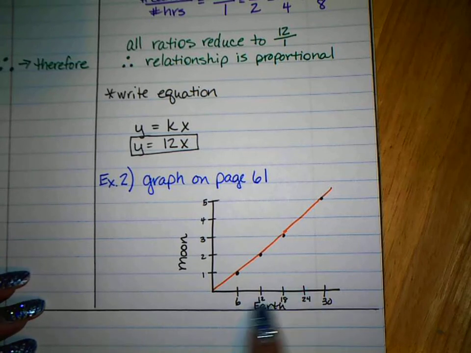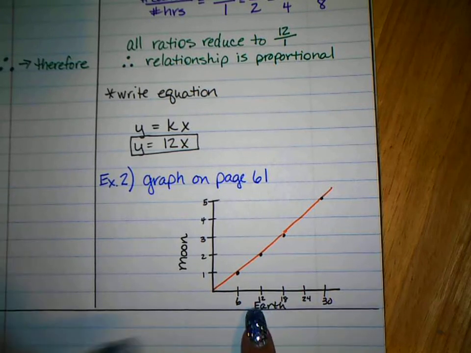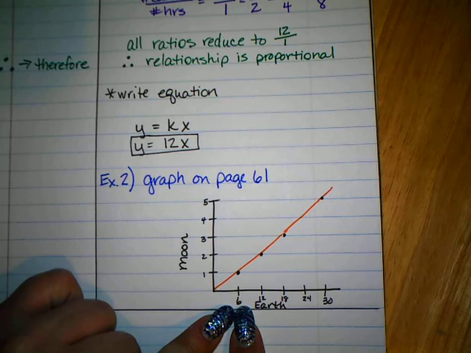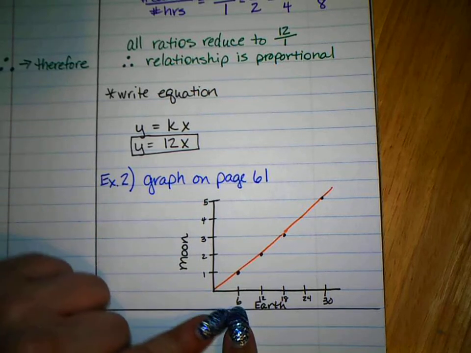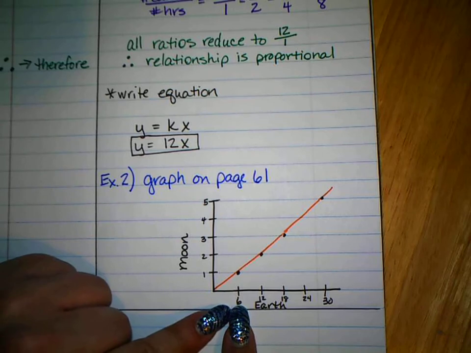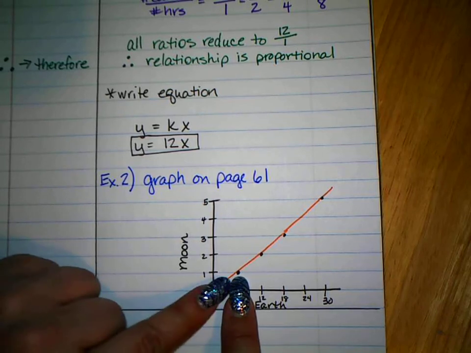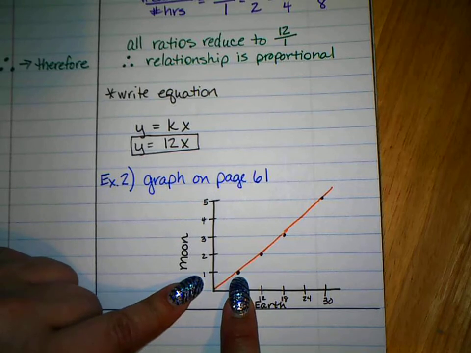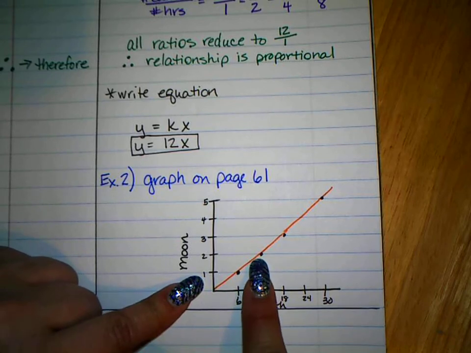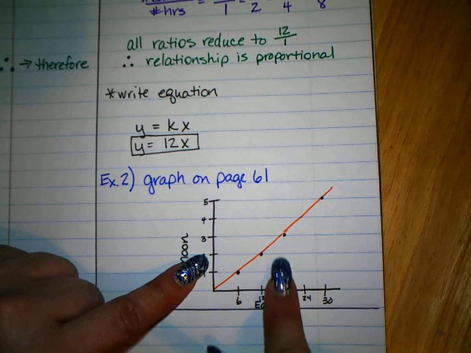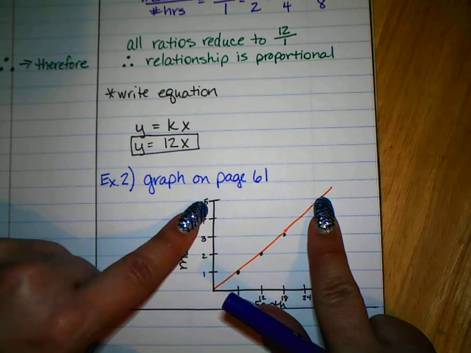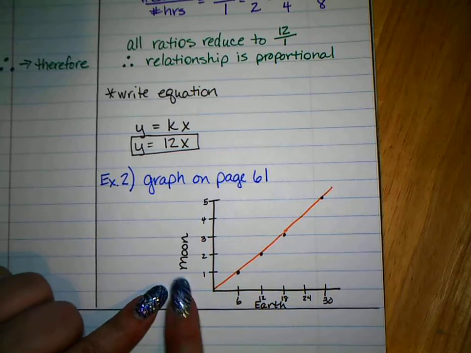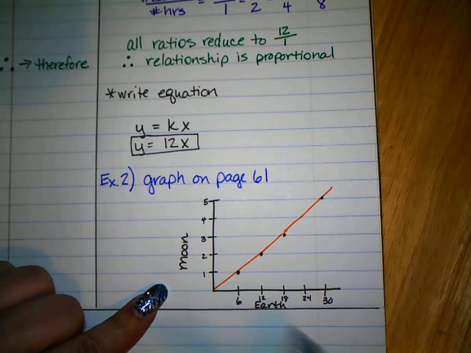Now, you need to be able to read your graph. This is how much it weighs on Earth. This is how much it weighs on the moon. So if an object on Earth weighs 6 pounds, on the moon it's going to weigh 1 pound. 12 is 2, 18 is 3, 30 would be 5. You can build a table from that information.